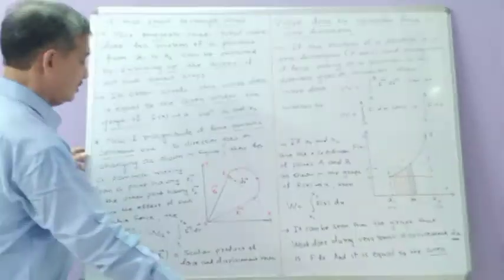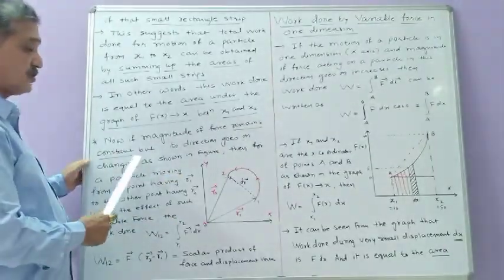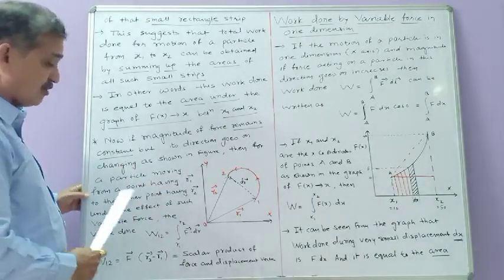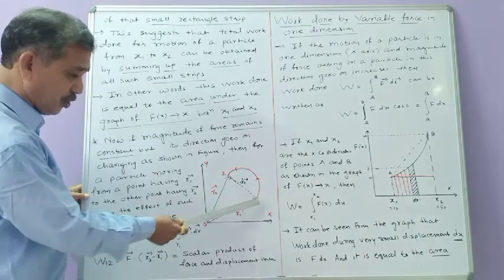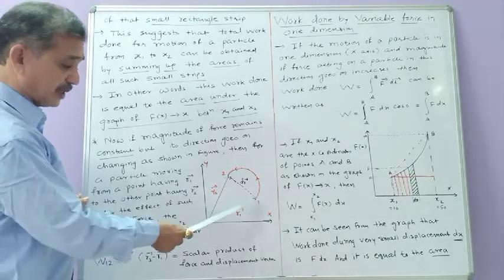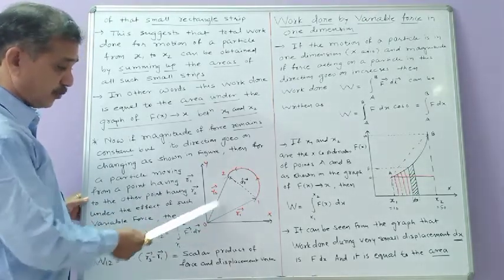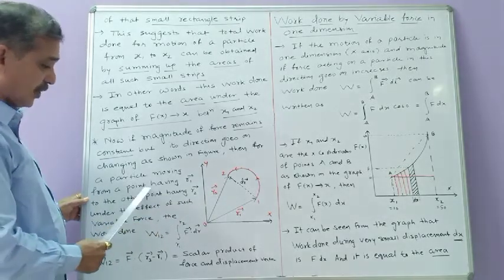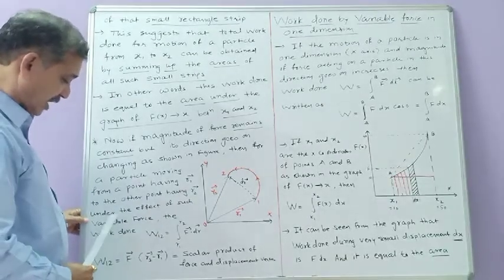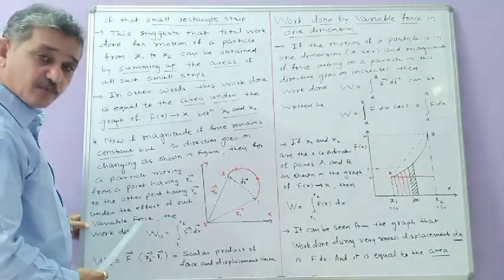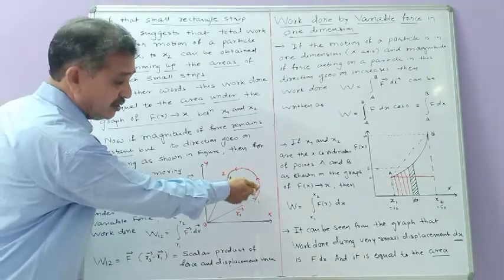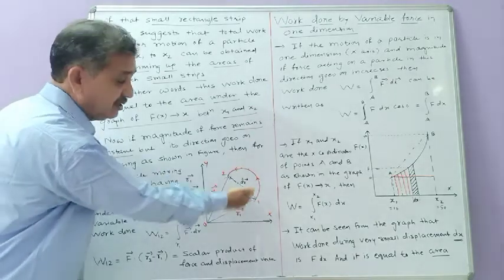So here, now if the magnitude of the force remains constant, but its direction goes on changing as shown in the figure, then for a particle moving from a point 1 to point 2 along this curved path, from a point 1 मतलब किसका, इसका पोजीशन वेक्टर r1 and point 2 जिसका पोजीशन वेक्टर r2, to another point 2 having a position vector r2 under the effect of such a variable force. अब यहाँ पे वेरिएबल फोर्स कैसा है, उसका डायरेक्शन at every point on this path remains in the tangent direction.